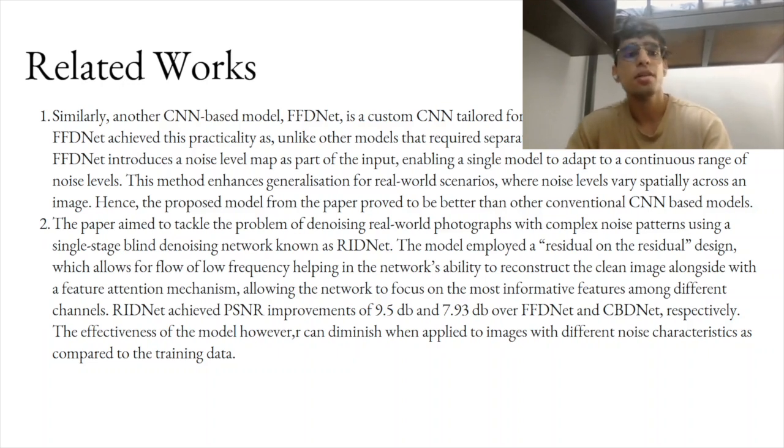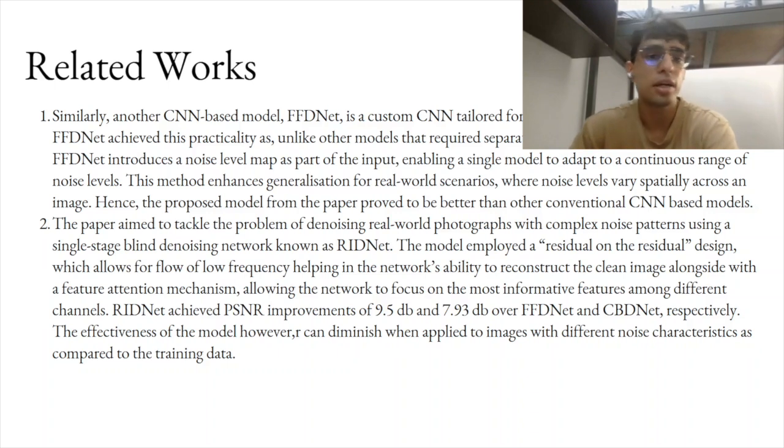Then in another one, the paper aimed to tackle problems of denoising real-world photographs with complex noise patterns using a single-stage blind denoising network known as RIDNet. The method employed a residual-on-residual design, which allowed for flow of low frequencies, helping in the network's ability to reconstruct the clean image, alongside a feature attention mechanism allowing the network to focus on the most informative features among the different channels.